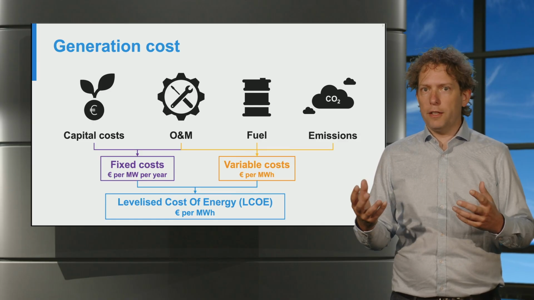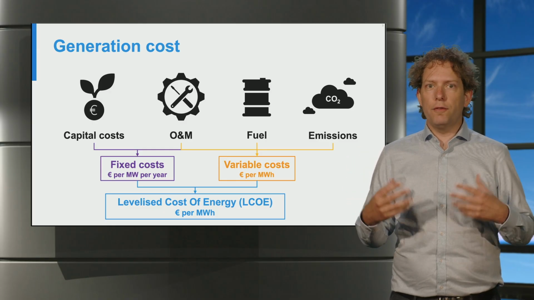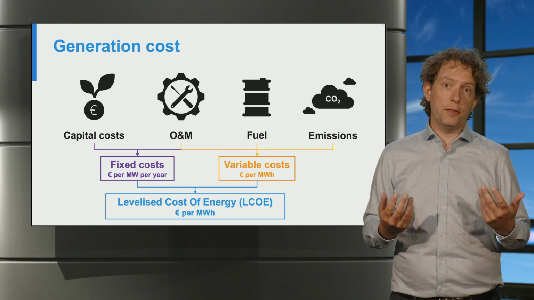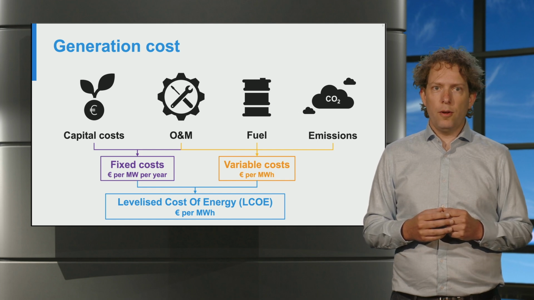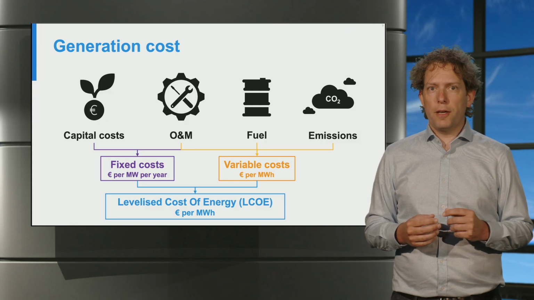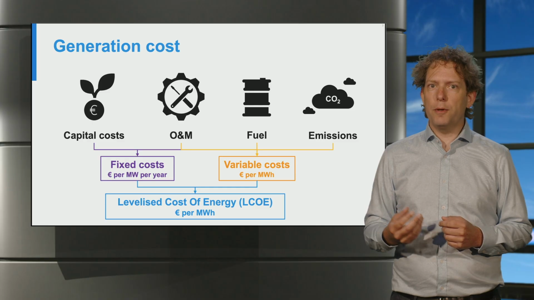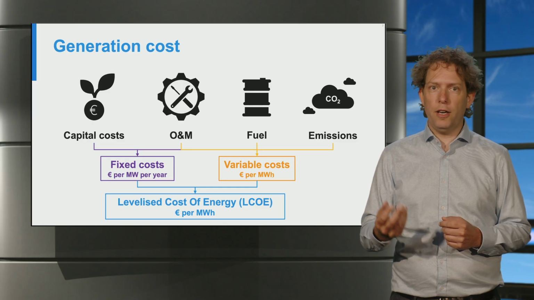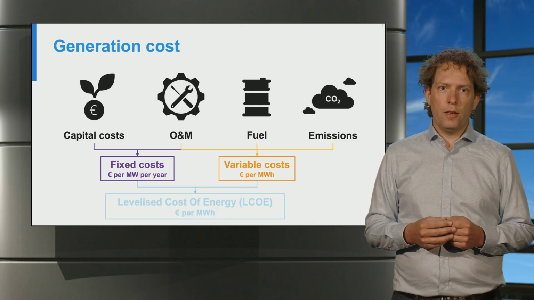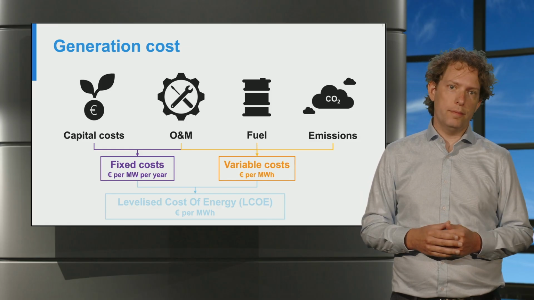The levelized cost of energy, that we often summarize as LCOE, gives you a convenient single number to compare generation options. But relying on this number to plan the energy transition is risky, because in a complex and changing energy system, it's not obvious how much energy each unit will be asked to provide. So in this module, we will continue to use the fixed and variable cost model.